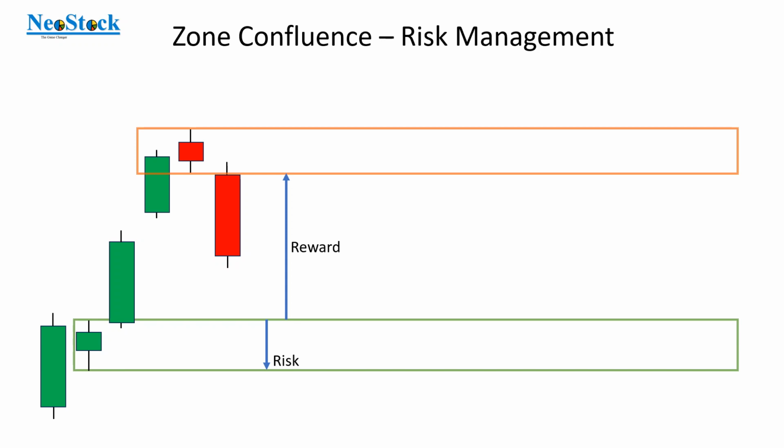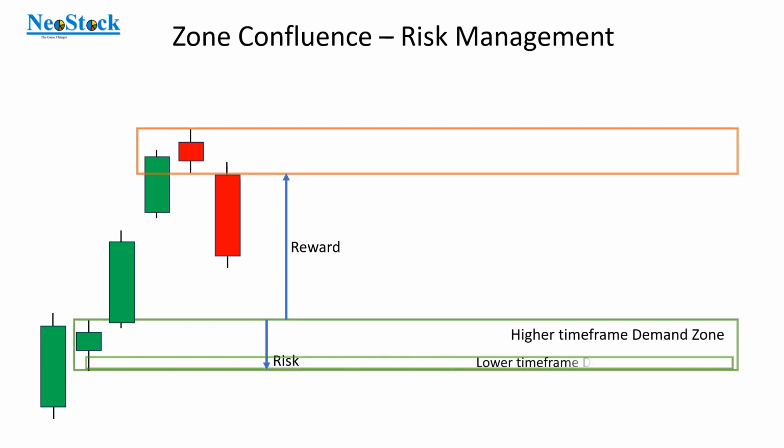Now we can do the risk management even in a much better way with the help of zone confluence. The zone confluence concept helps us in identifying the real order flow. See here, this is our actual order flow. The lower time frame demand zone is having the real order flow, and here there are real institutional pending orders.